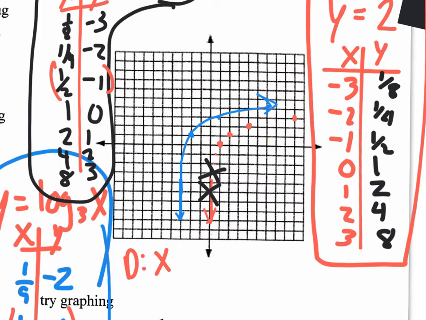No, it doesn't. Does it go to the right forever? For sure, yeah, it goes to the right forever. Does it go to the left forever? No, it curves down, and it actually infinitely approaches a certain value. What is that value? -3. So you need your x to be what? Less than -3 or greater than -3? Greater than -3. So your domain is x greater than -3.